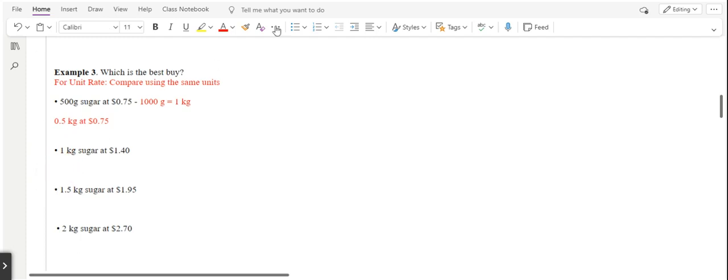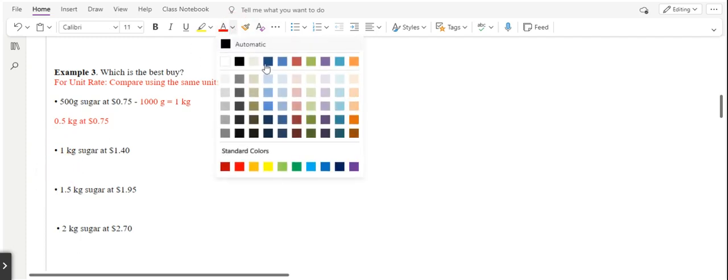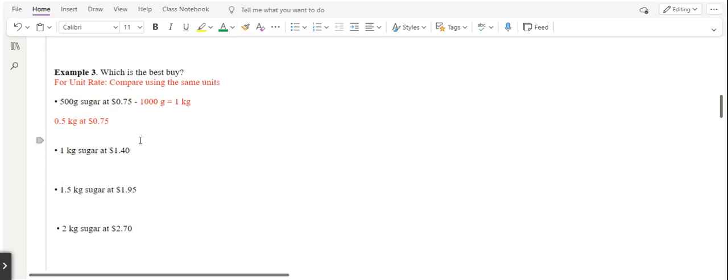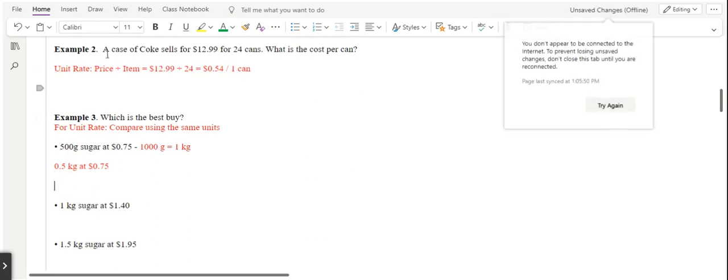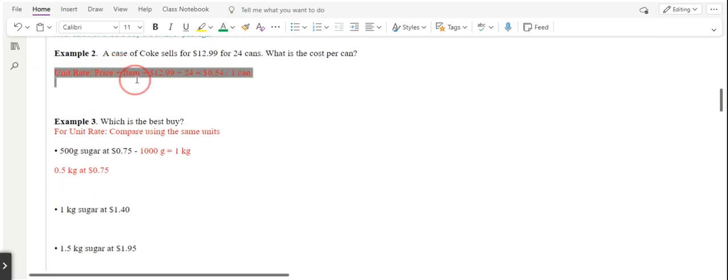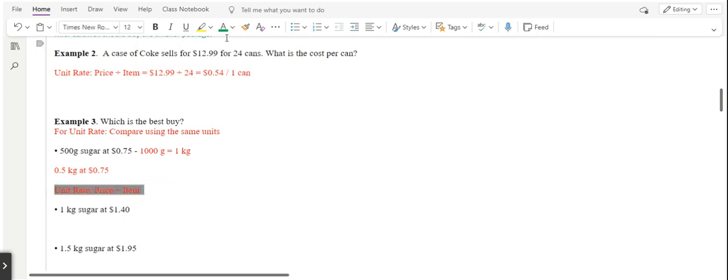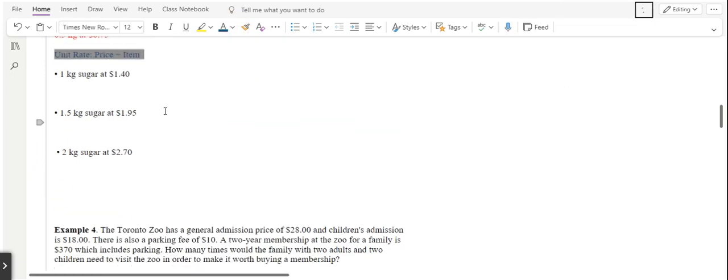Okay, so let's go get the unit rates. And this follows the same thing. We take our price divided by item. Here, I'll copy down the formula that we're using, and I'll put this in, let's work in blue, I suppose.